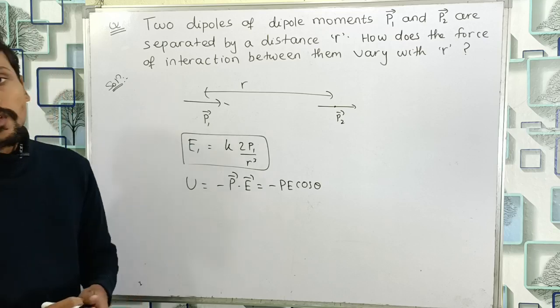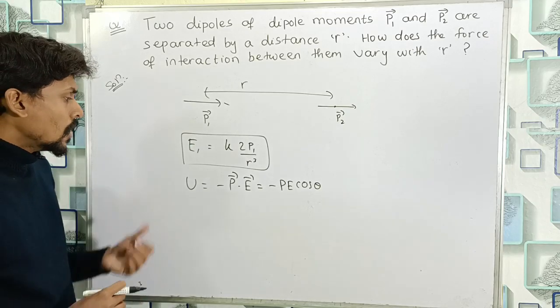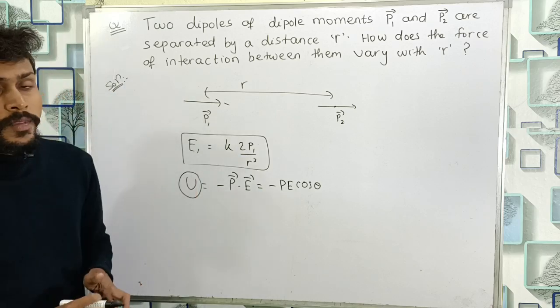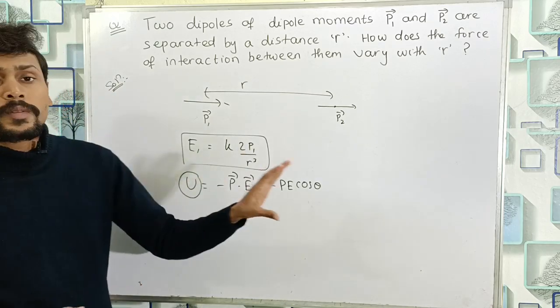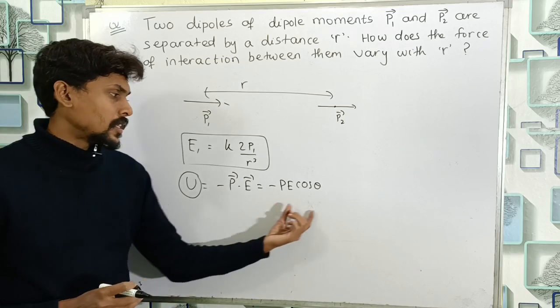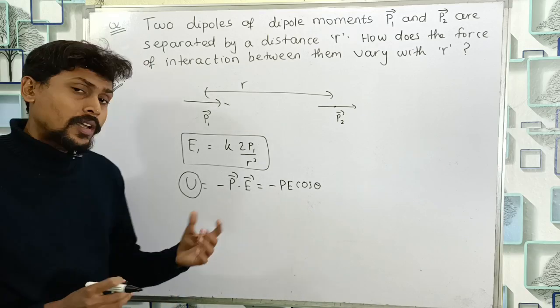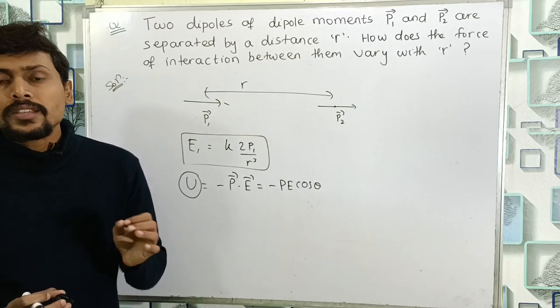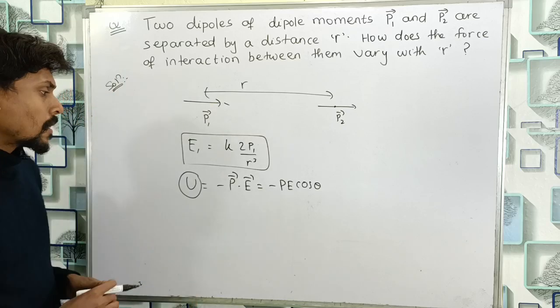Electric force is a conservative force, and once we find the potential energy, we can find the force by using the formula F equal to minus dU by dr.